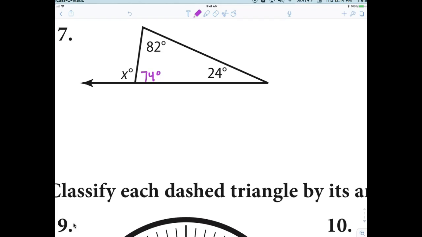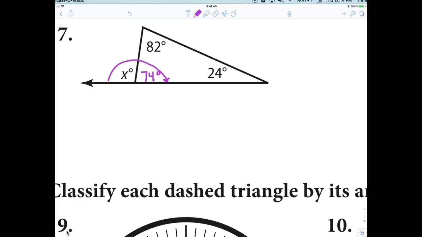Remember? A line adds up to how many degrees? Look right here. Look on the board. That's 180. Oh, okay. So then you take 180 minus 74. That's exactly right.